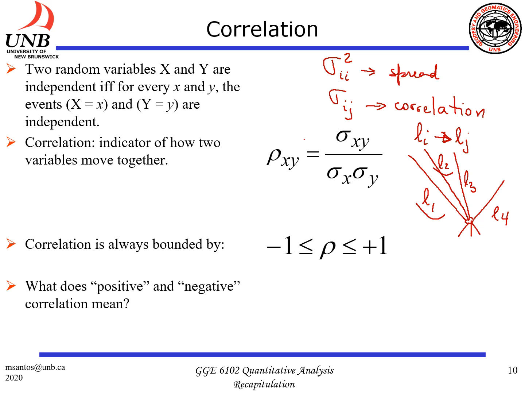So we can say that L1 and L2 are correlated, or more correlated than, for example, L1 and L4.